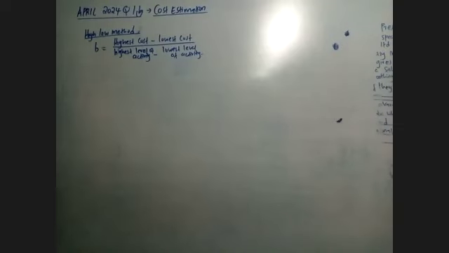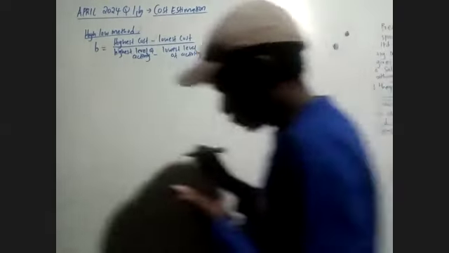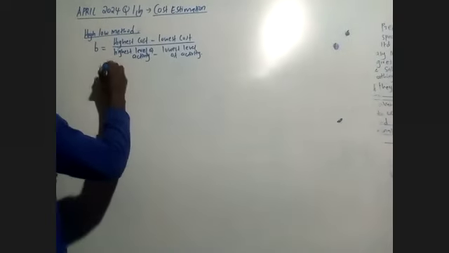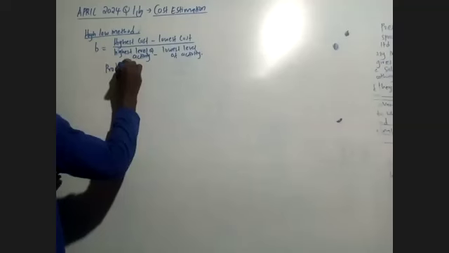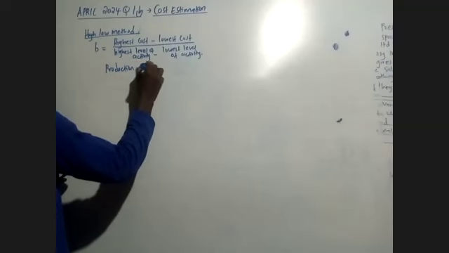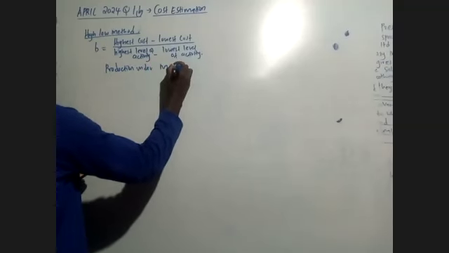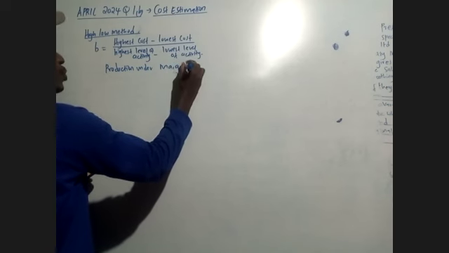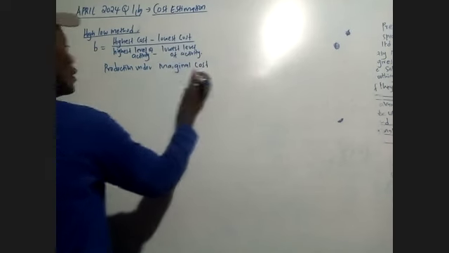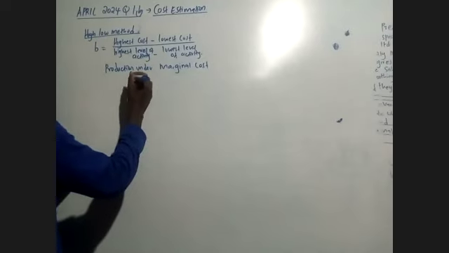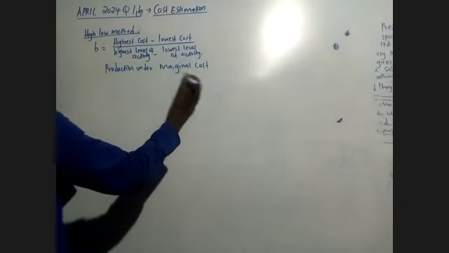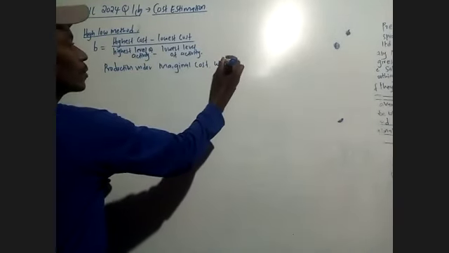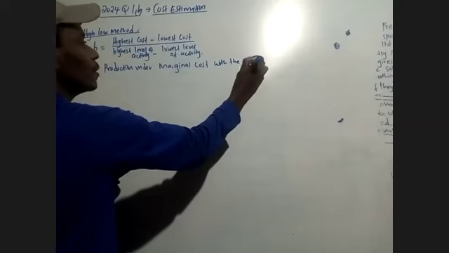Now in this case, we have 2 kinds of item. So we have production cost under marginal costing, and we have production under marginal costing with the units.